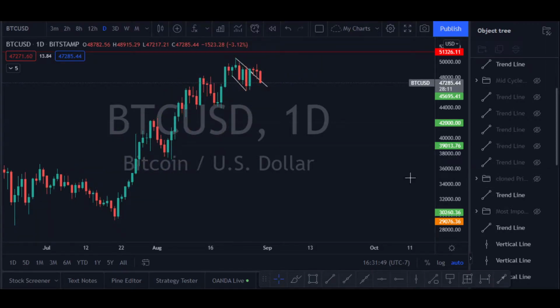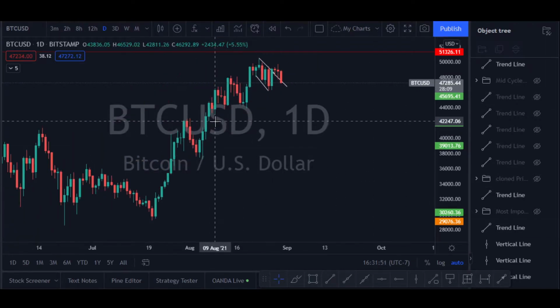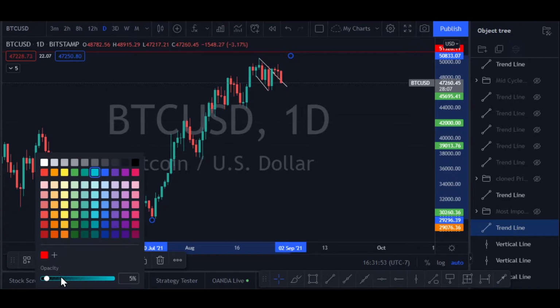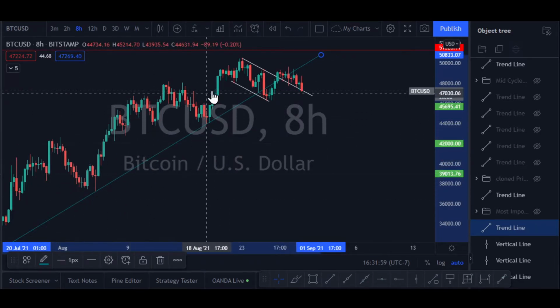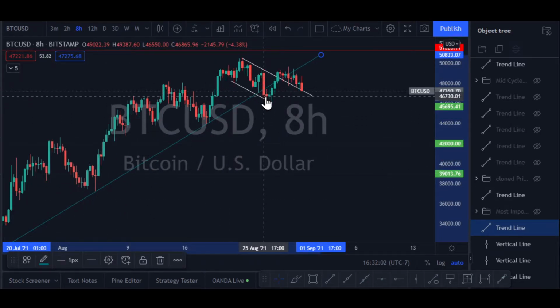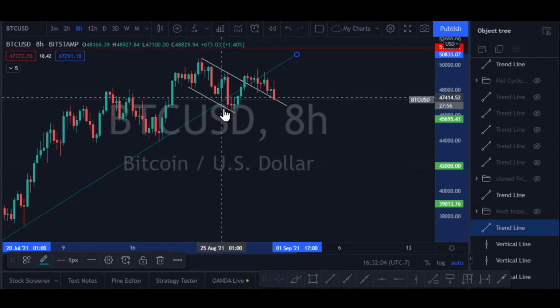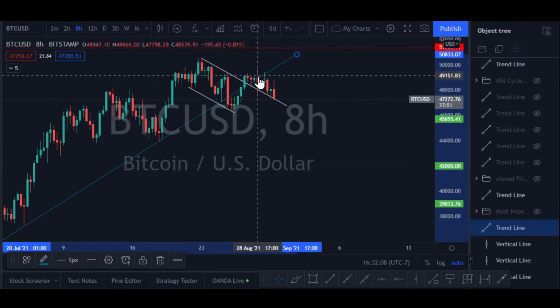Now I'm going to get rid of those so that I can show you this line. Let me go to my 8-hour. A lot of people were watching this line, and then we finally broke that line. The only problem was that after we broke, we came right back above it, and then it acted like nothing happened.